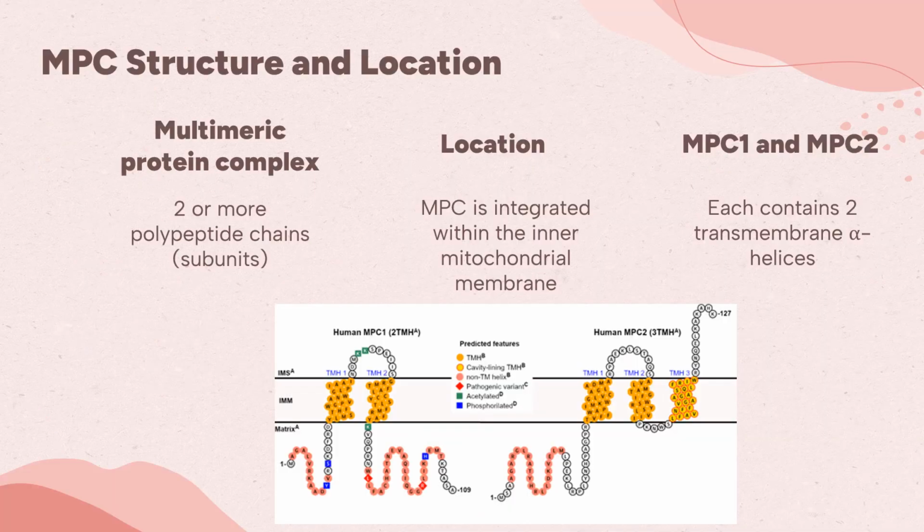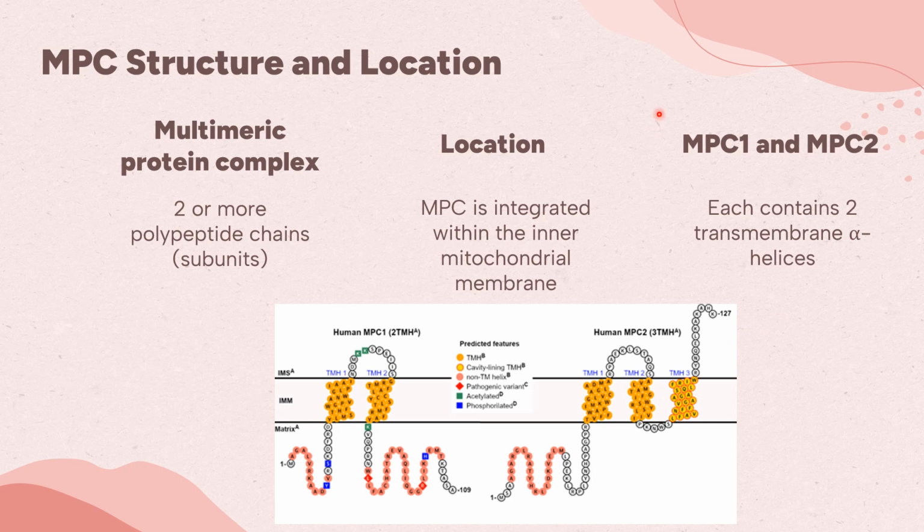In order to understand how MPC downregulation can lead to many different diseases, we need to understand the structure and location of this. So MPC is a multimeric protein complex, meaning that it consists of 2 or more polypeptide chains, which are the subunits of it. Here you can see the different subunits of MPC.